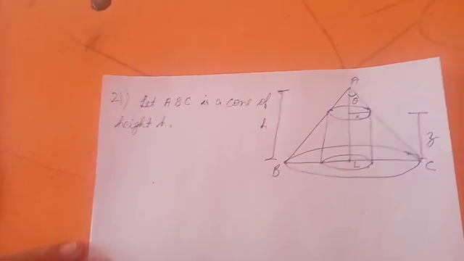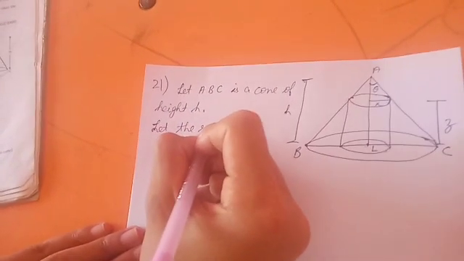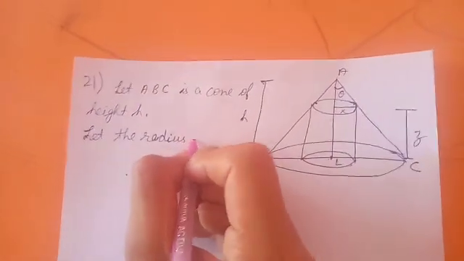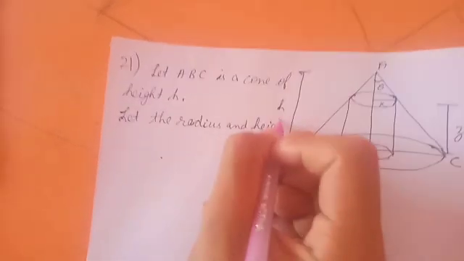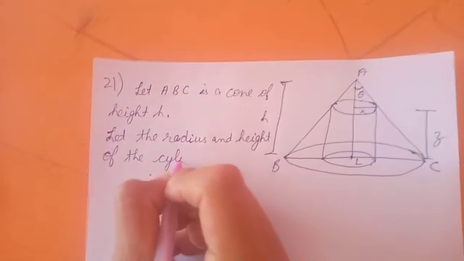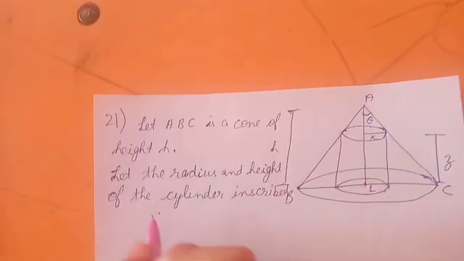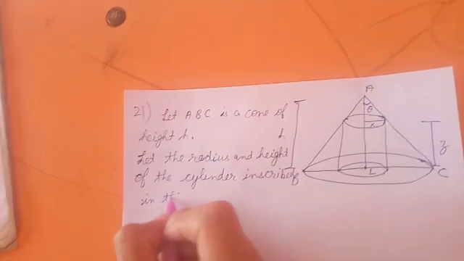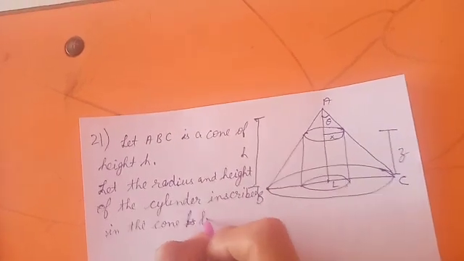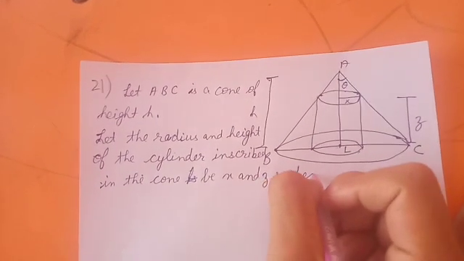H is the height given, and let the radius and height of the cylinder inscribed in the cone be x and z respectively.